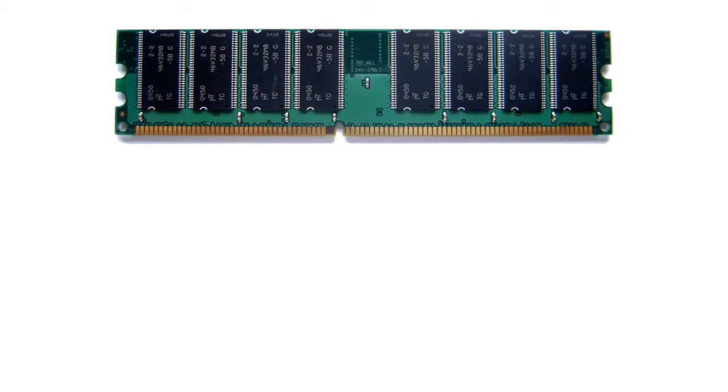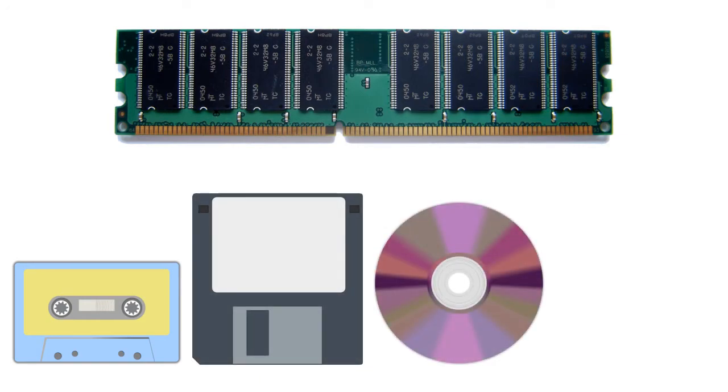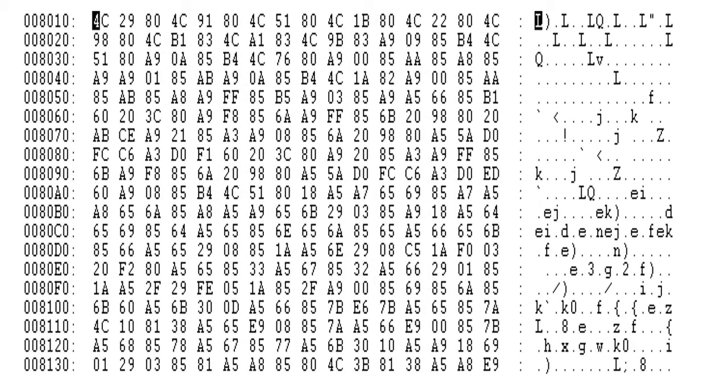Therefore, a program generally must be loaded into RAM from somewhere: a cassette tape, a floppy disk, an optical disk such as CD, DVD or Blu-ray, or from a hard disk. There is one more option, and this constitutes the other main type of memory: read-only memory, or ROM. As the name implies, the processor can only read this memory, not write to it.